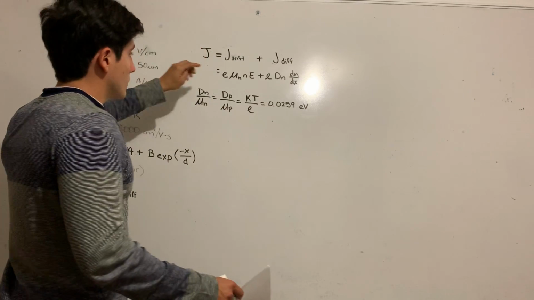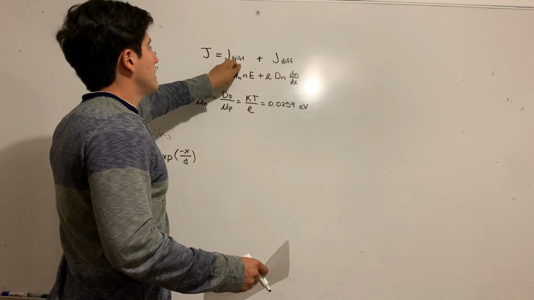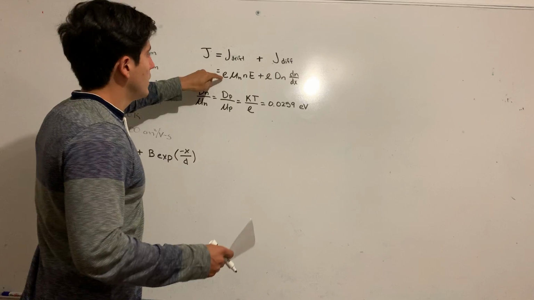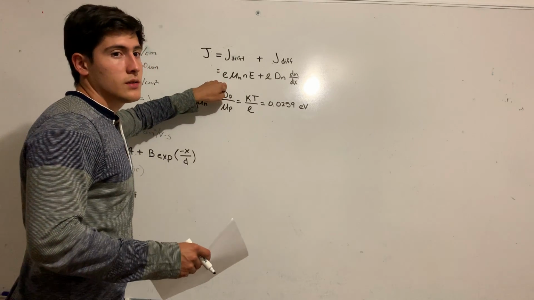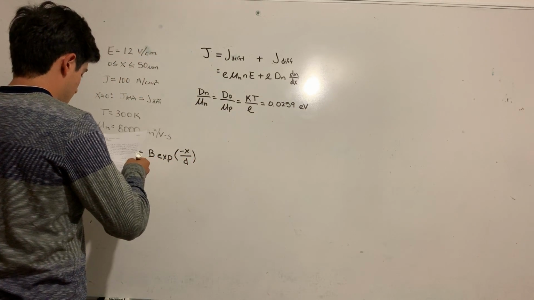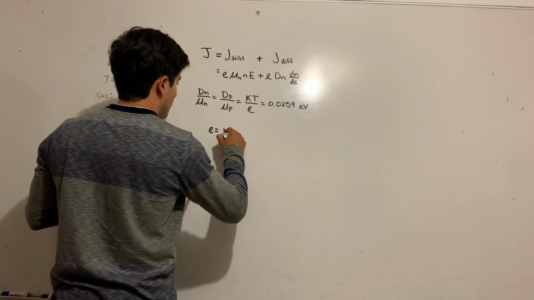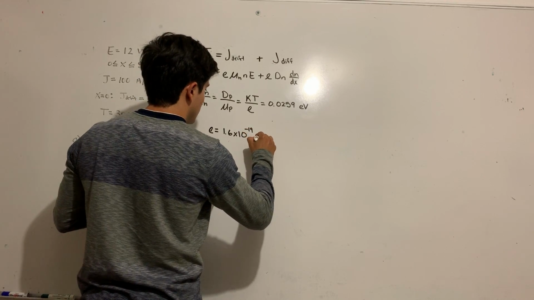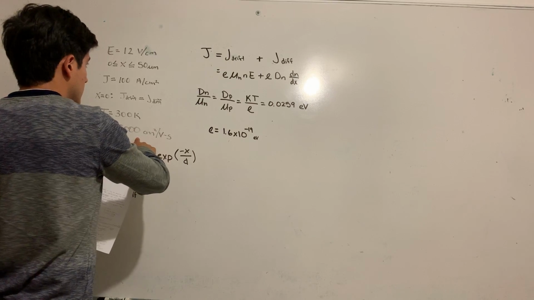So I already said that the total current density equals the current density of drift plus the current density of diffusion, where the drift is equal to e times mu n times n times E. Here e is equal to 1.6 times 10 to the minus 19 coulombs, mu n is equal to 8,000, which we already know.